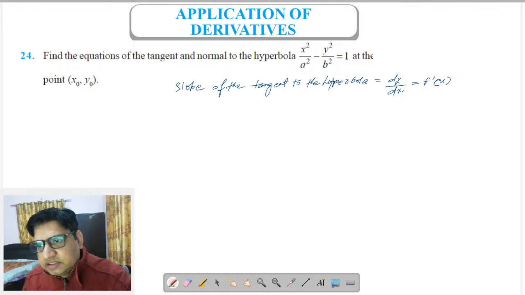Okay, and the curve is not an explicit equation, so we'll use implicit differentiation.